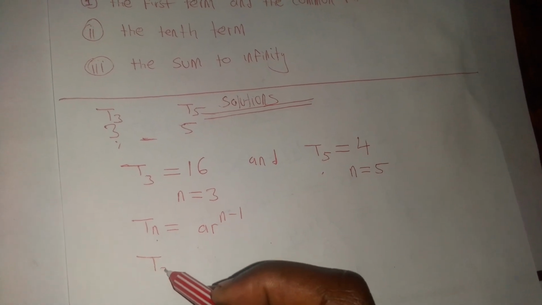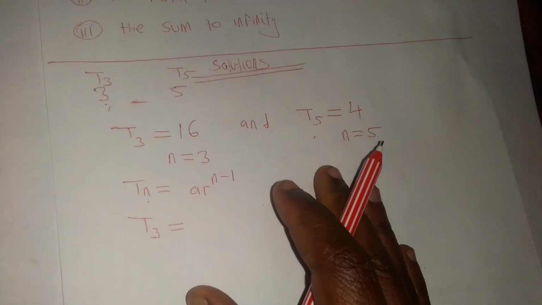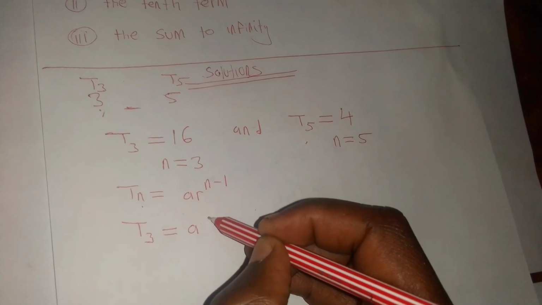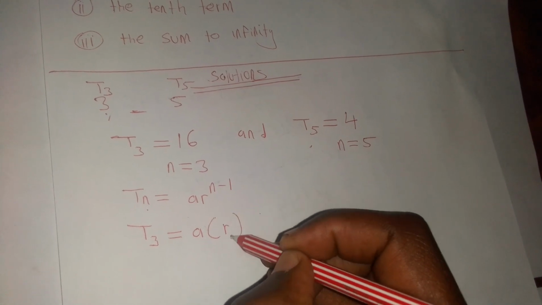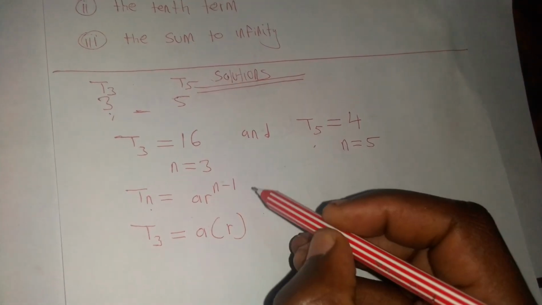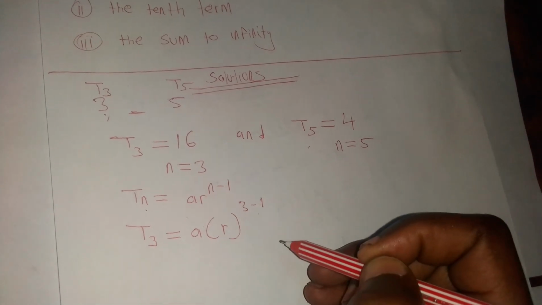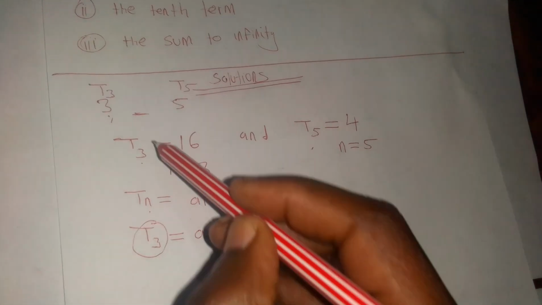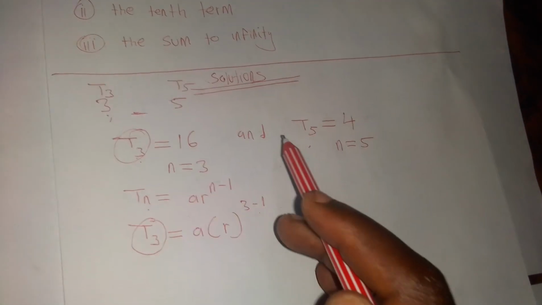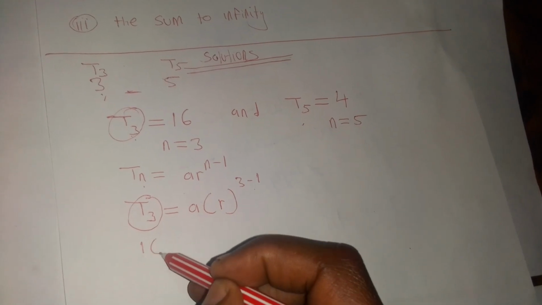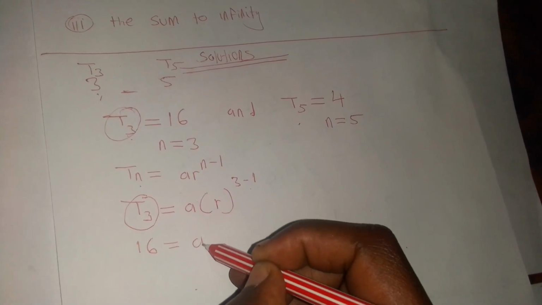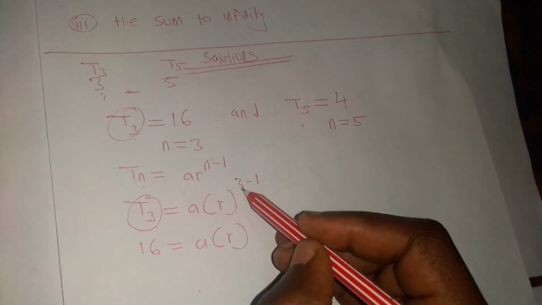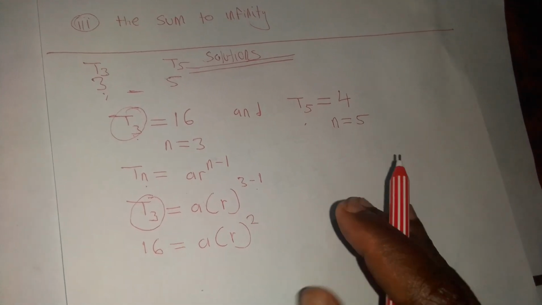So T3 equals A, our A we don't know, then the common ratio r we don't know as well, then n we know is 3, so 3 take away 1. Since the third term is 16, we replace T3 with 16, equals A, open the bracket, 3 take away 1, which is 2.